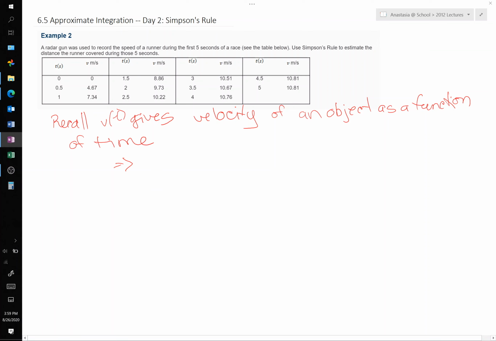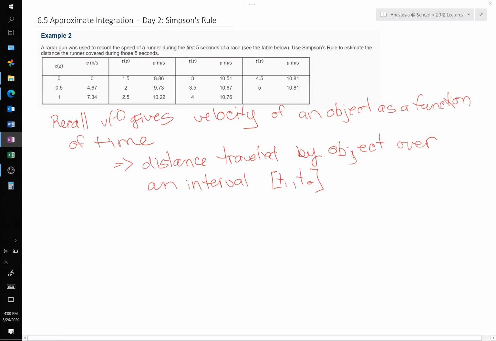then this means that the distance traveled by the object over an interval from t1 to t2 is given by the integral from t1 to t2 of v of t dt.